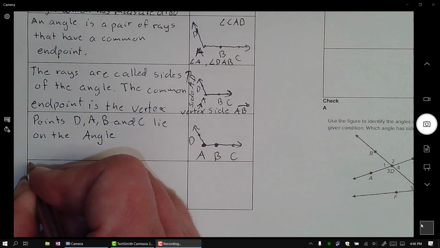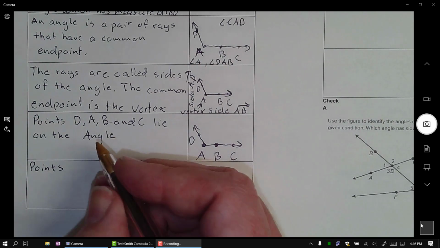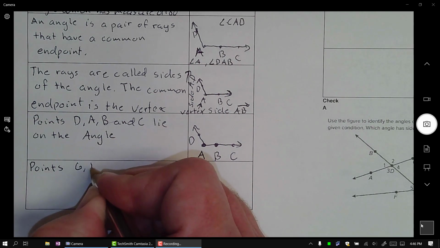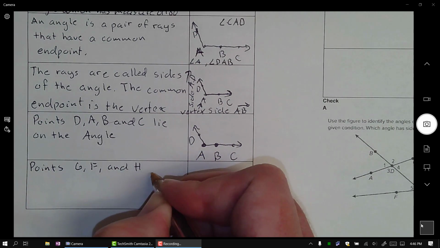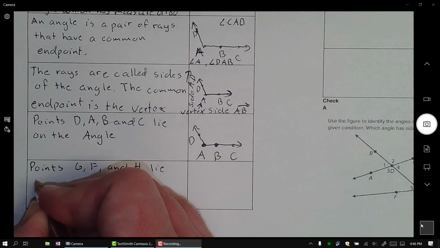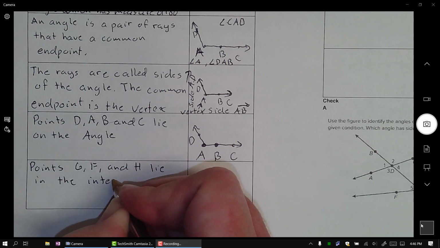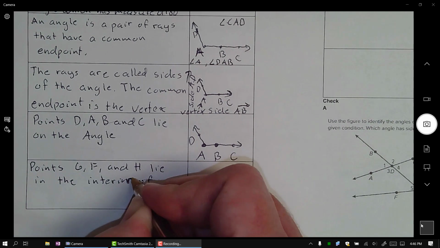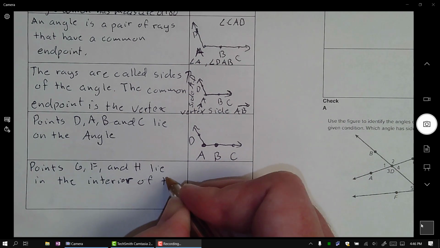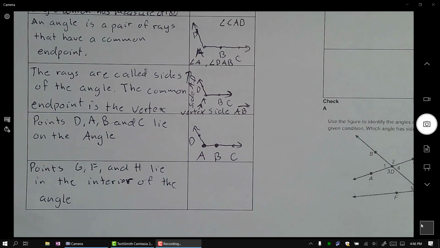So points G, F, and H lie in the interior of the angle. So we haven't seen these points yet, but what would these points look like?